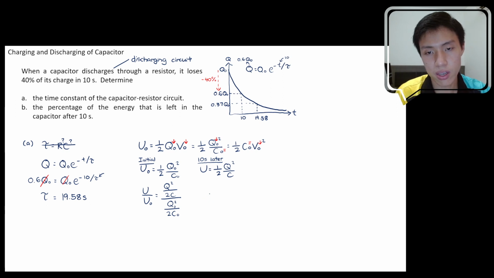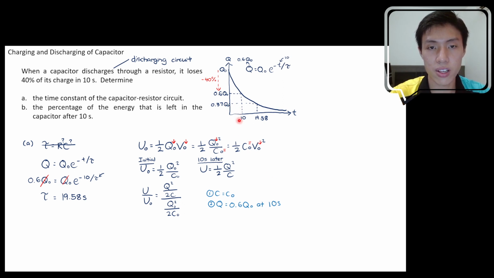So let's write it down. First, we know that C is equal to C naught. And we know that Q is equal to 0.6 Q naught at 10 seconds. Because this is what we learned just now: at 10 seconds, Q has already become 60% of Q naught.